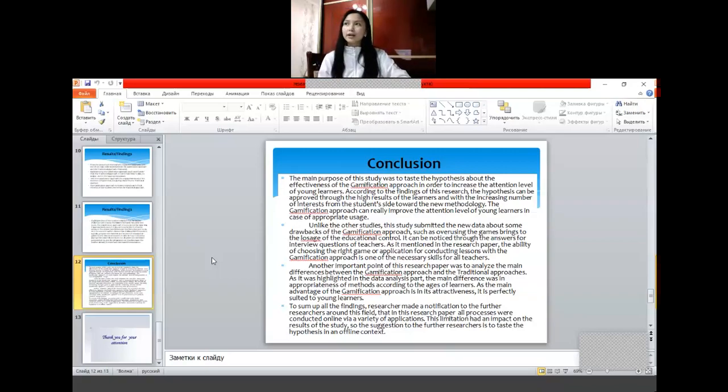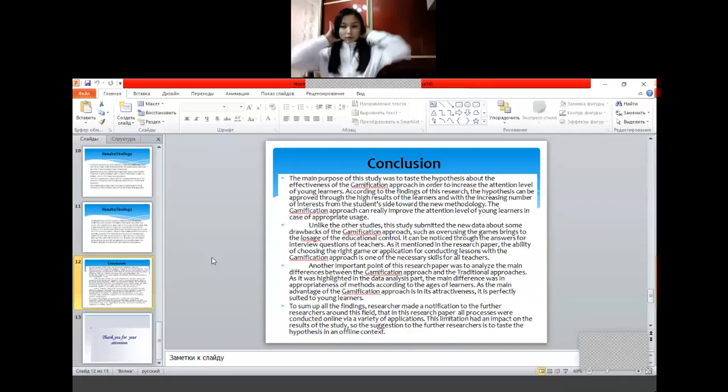So it's very hard to keep the golden middle between joy and knowledge, because some students tend to only play games, and some students tend to only study, so that's why it's a little bit hard. So this is the main challenging moment of this gamification approach, which we have investigated.